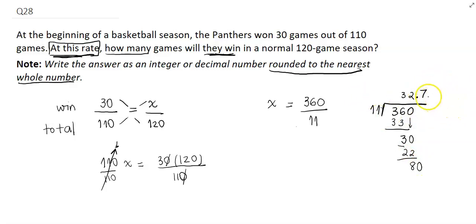So if I use a 7 here, to round to the whole number I need to add 1 here and get rid of the decimal. So if they keep the same rate, they must win about 33 games out of the 120 that they play.